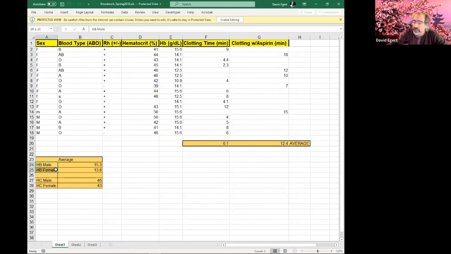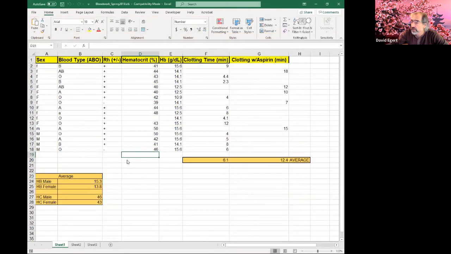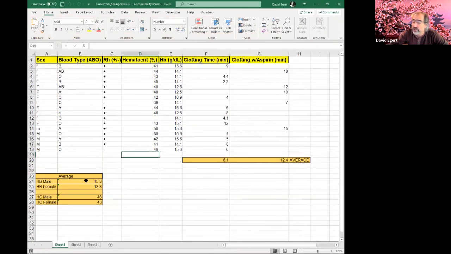We have average hemoglobin for male and female here in grams per deciliter. Here is the hematocrit, male and female. I should make that as percent. So use these averages here to compare to the averages, and the US average that I put in the lab notebook, and you can just comment if this particular class here, spring 2018, seems typical.